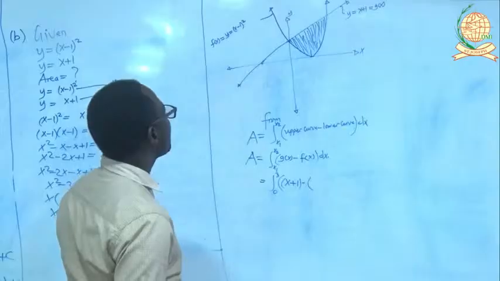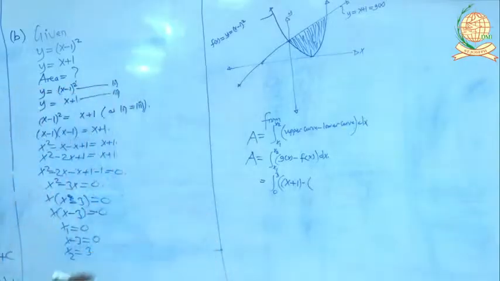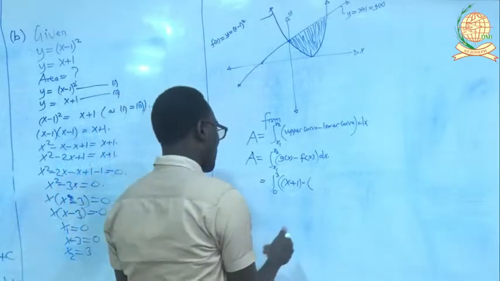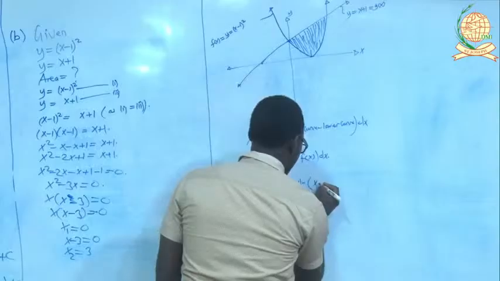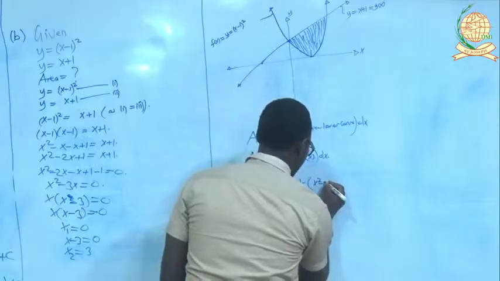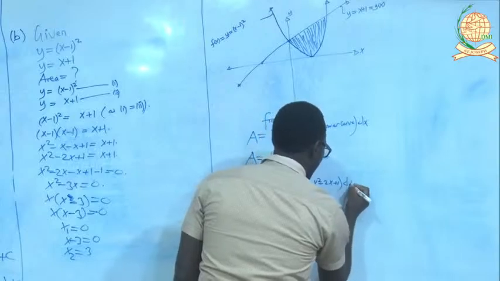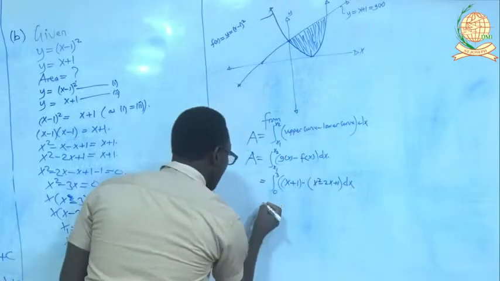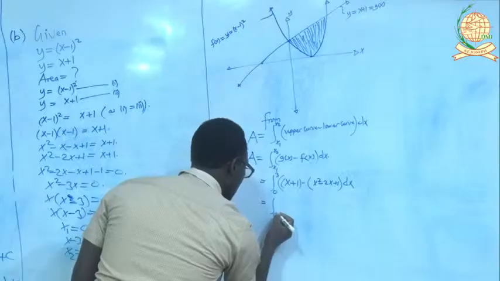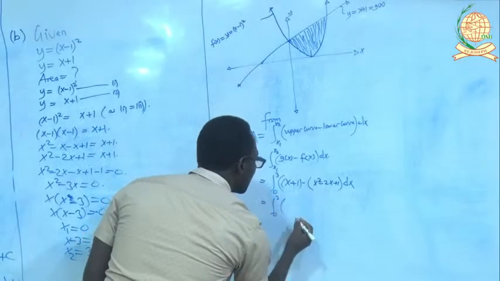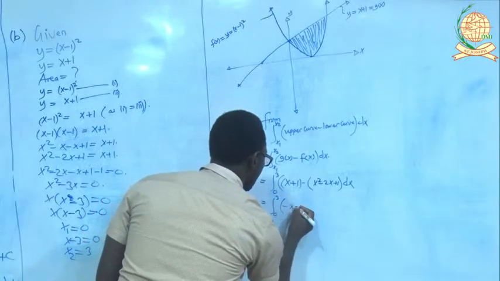minus 1 squared. When you expand it, you get x squared minus 2x plus 1. So it is x plus 1 minus x squared minus 2x plus 1, then dx. Simplify that, 0 to 3, this will be negative x squared.